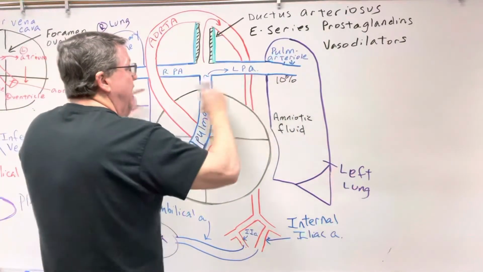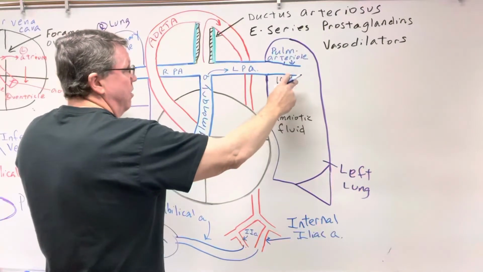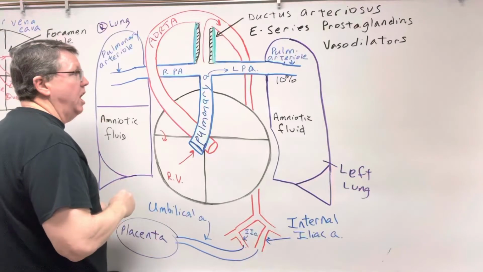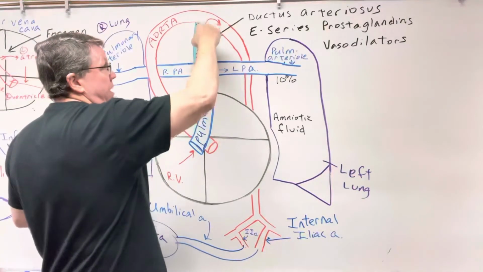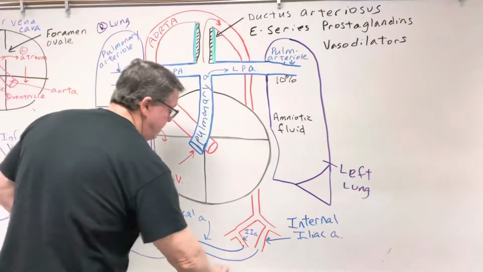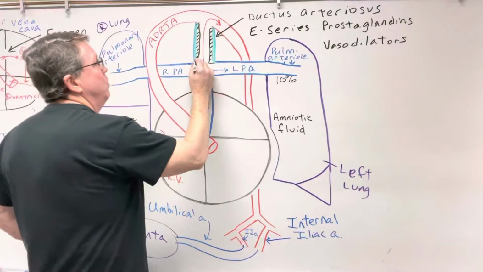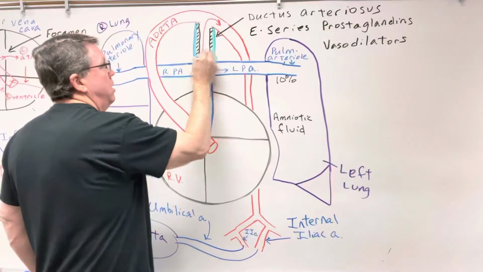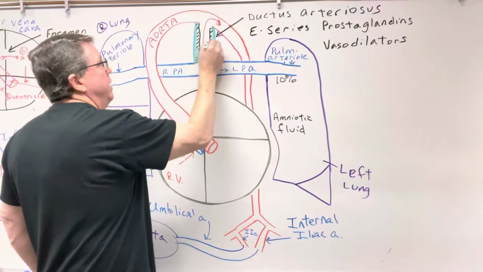So because now the baby can start getting its own oxygen, right? Because the baby can start getting its own oxygen now, we don't need this anymore. So what's going to happen over the course of a few days up to a few months is this is actually going to close. It's going to form a ligament.